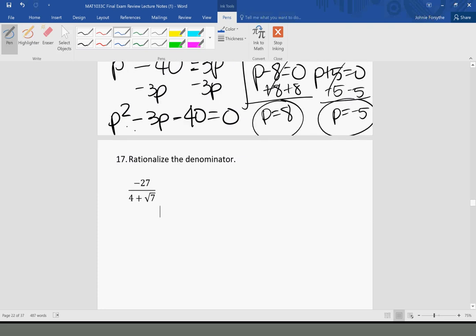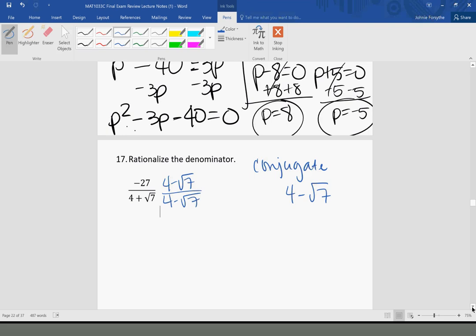Okay, so we're going to multiply this by the conjugate. What is that? It's basically, you just change the sign. So it's 4 minus root 7. So we're going to multiply the top and the bottom by the 4 minus root 7.